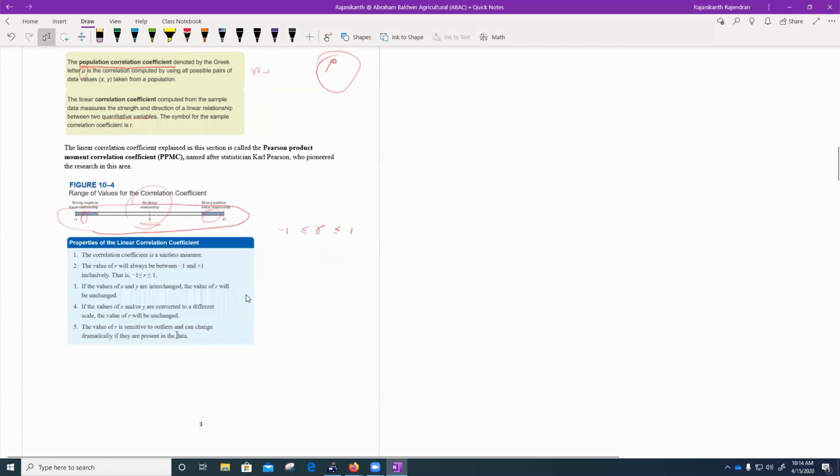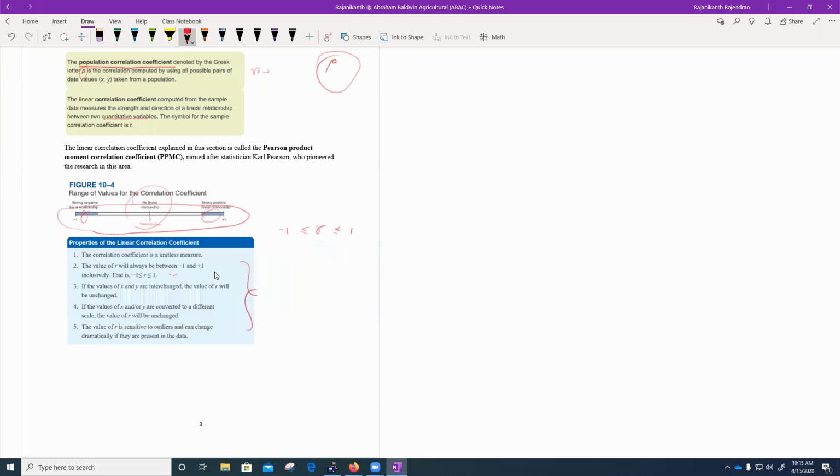Based on our r value, everything is summarized here. The correlation coefficient is a unitless measure. It is just a number. There's no unit for little r. The value of r will always be between -1 and 1. If the values of x and y are interchanged, the value of r will be unchanged.